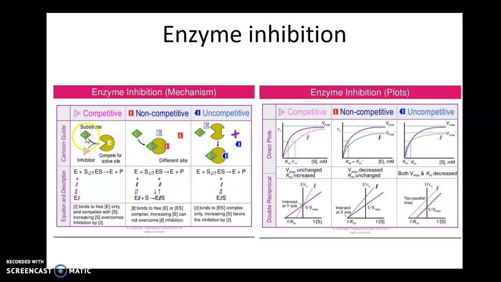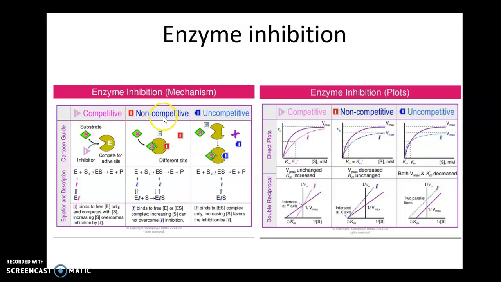So when you have both of them in the system, they can come and bind to the enzyme. If more inhibitor is binding to the enzyme, it means that you will have less substrate binding, or less reaction happening, and vice versa. So you can actually reverse this inhibition by adding more substrate so that it can overpower the inhibition.